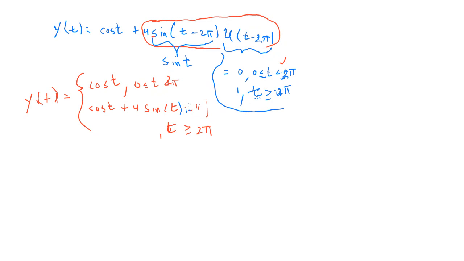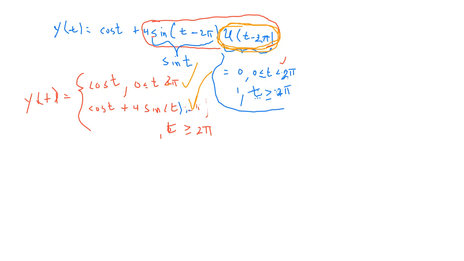Let's see, Zachary says, so cosine of t from... that's correct. That's correct, Zachary. So the reason we're getting two different functions here is because of this unit step function. It takes on 2 different values, depending on whether t is less than pi or greater than pi.